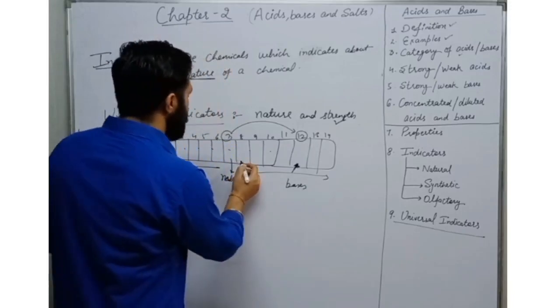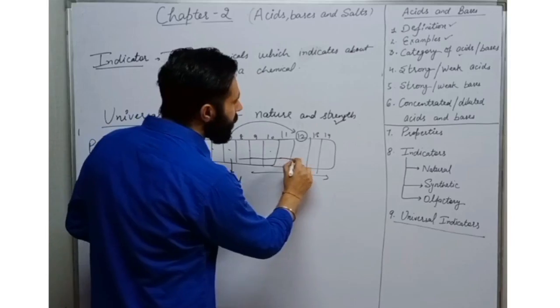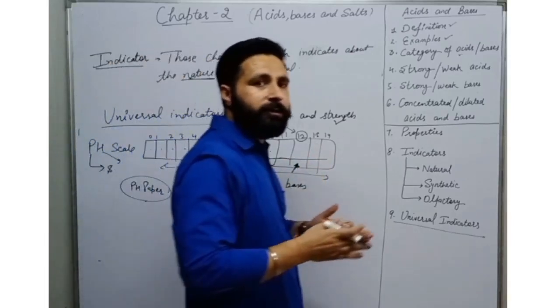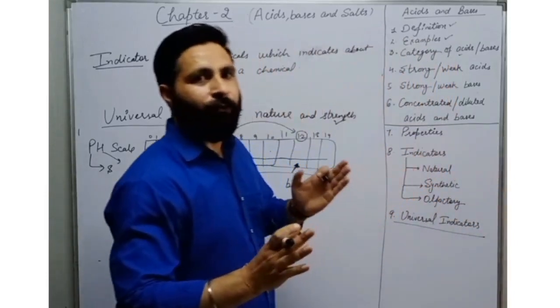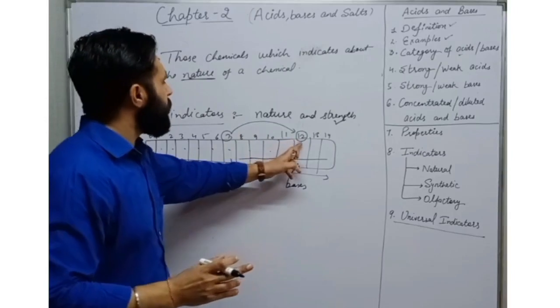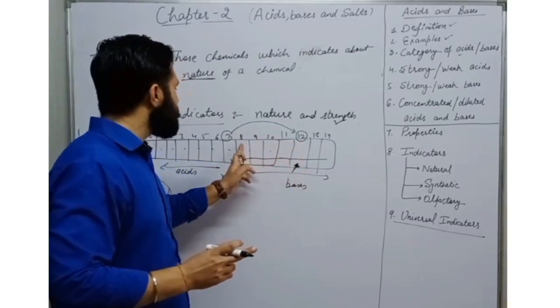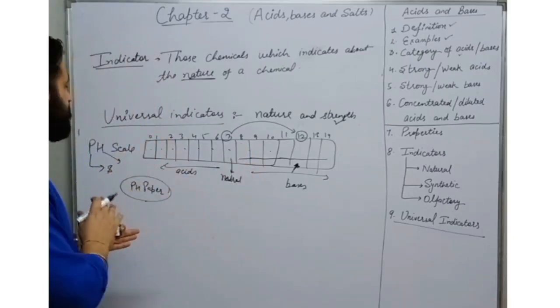Like when you move from 7, weak, mild, then strong. You move from weak base to strong base. So out of 12, if pH is 12 and pH is 8, 12 is more basic, 8 is least basic. But for acids, it is different.